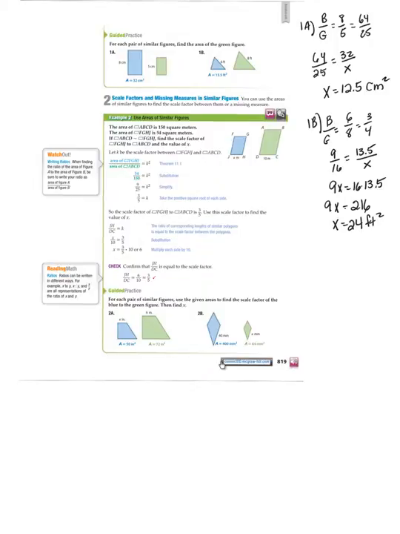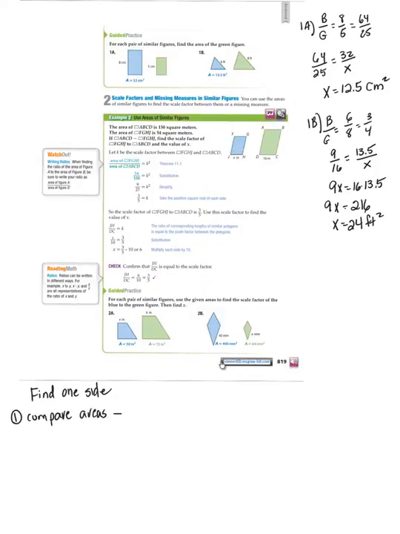Okay. Now, I'm going to go backwards. I'm going to be given the areas, and this time I want to find the length of one side. So if I want to find one side, I first compare my areas. Set up a fraction to compare the areas.